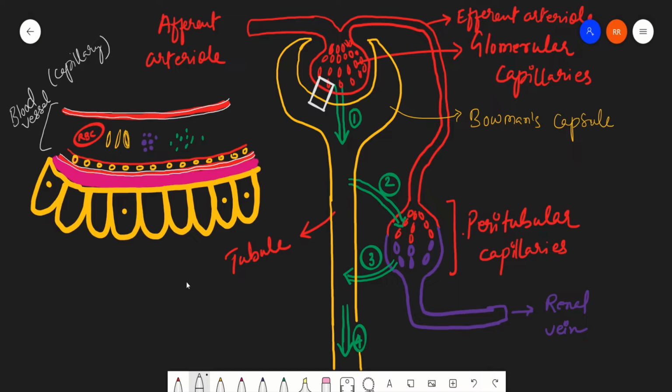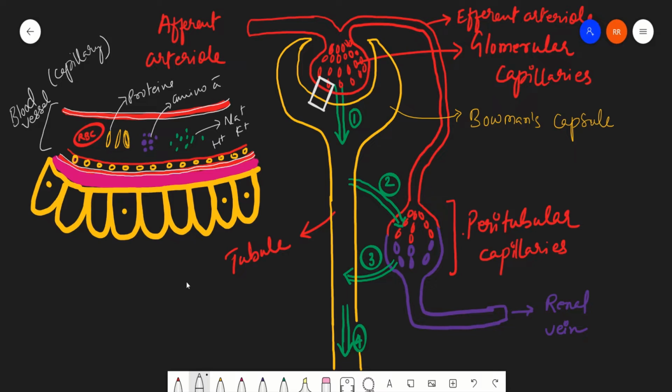I am showing you a single capillary. This capillary is filled with blood, like your RBC, and these are your proteins. Then these are your amino acids, and these are your sodium, potassium, hydrogen ions. So many things will be there in your blood plasma, you know that.